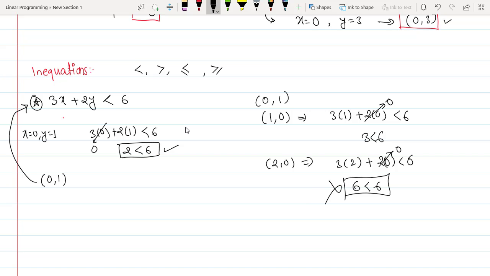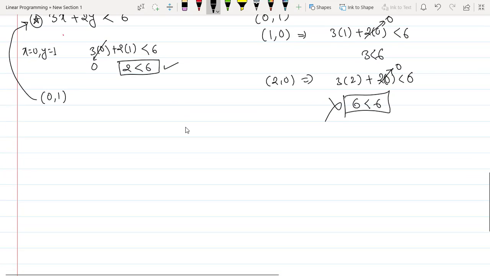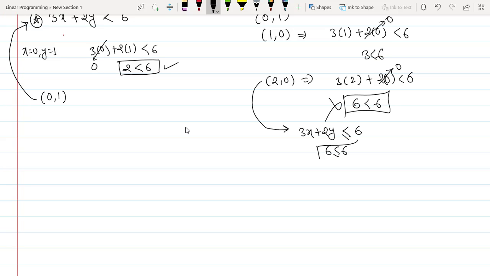So this condition will be satisfied if I have the condition like this: 3x plus 2y is less than or equal to 6. If I have this inequality, then definitely (2, 0) will satisfy the given condition and I will say (2, 0) is my solution. I hope you are understanding.